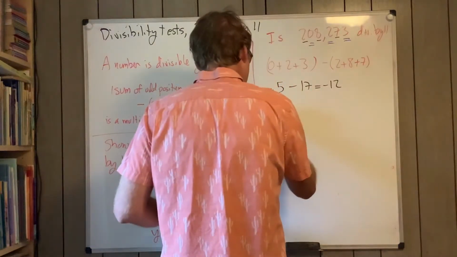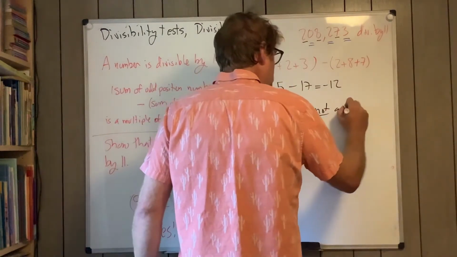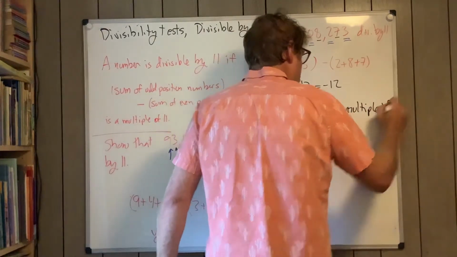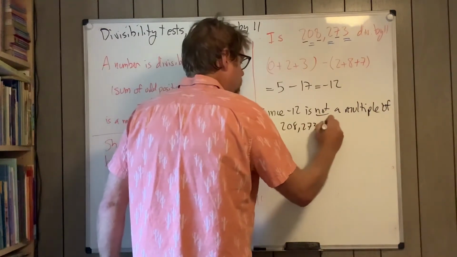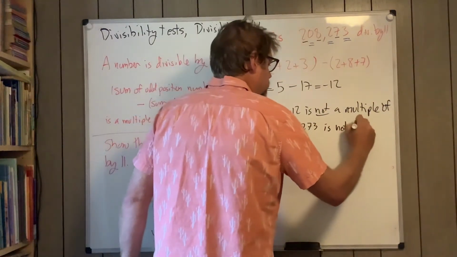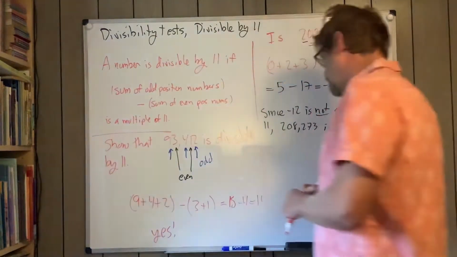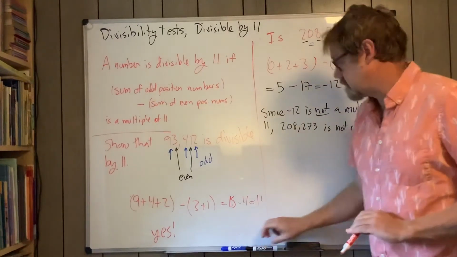Since negative 12 is not a multiple of 11, 208,273 is not divisible by 11. Good, so there's a couple of examples.